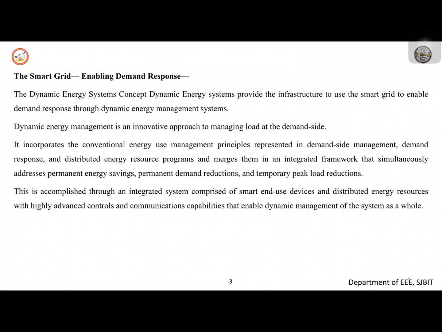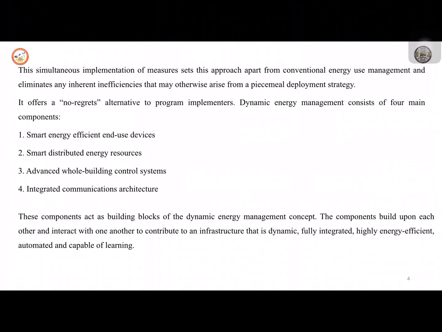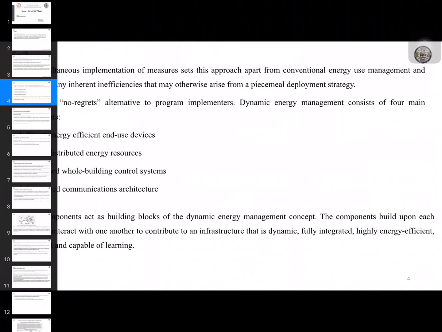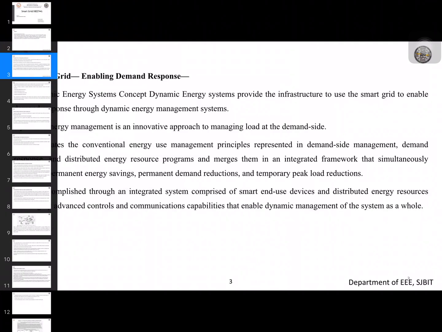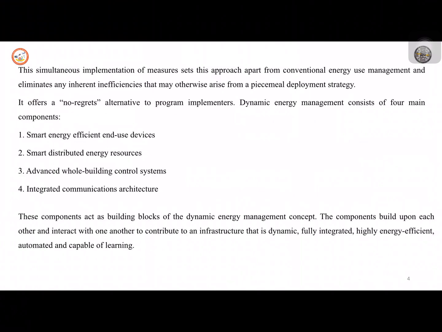This is accomplished through an integrated system comprising smart end-use devices and distributed energy resources with highly advanced control and communications capabilities. So, moving on to the simultaneous implementation of this approach apart from the conventional energy use management, it consists of four major components.